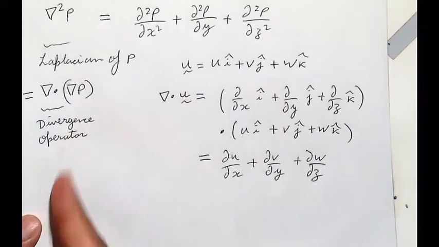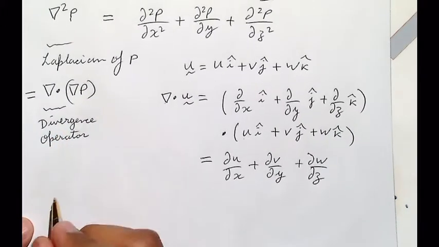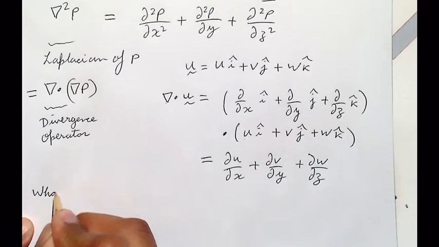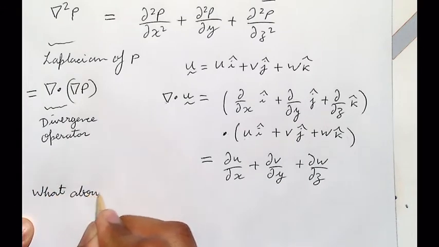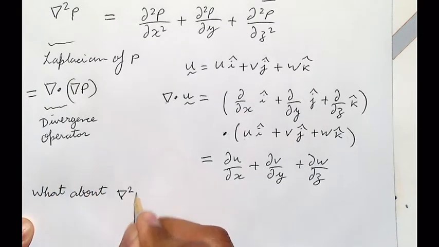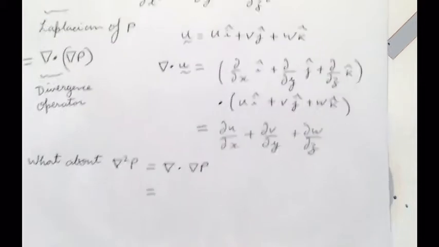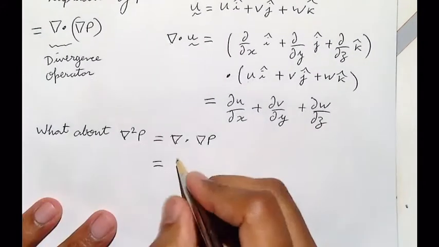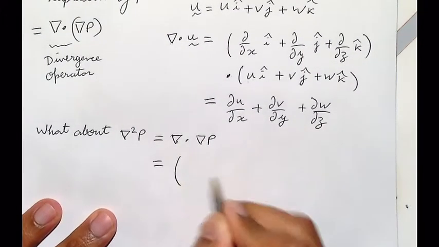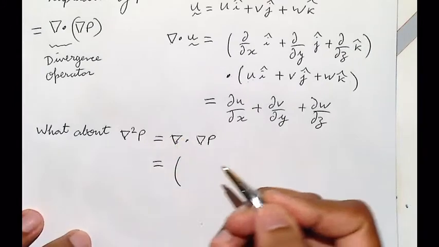All right, let's get back to this Laplacian of p. What about nabla squared p, which is actually equal to nabla dot nabla p. If I expand this, what would nabla be written as? This symbol is called nabla in Greek.